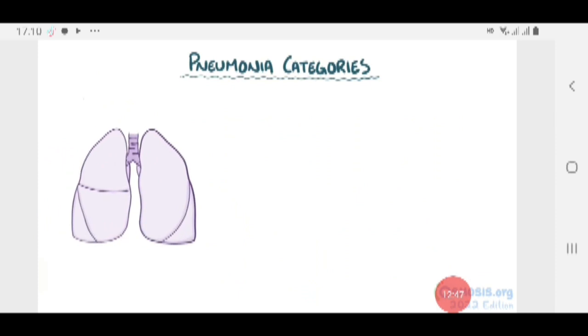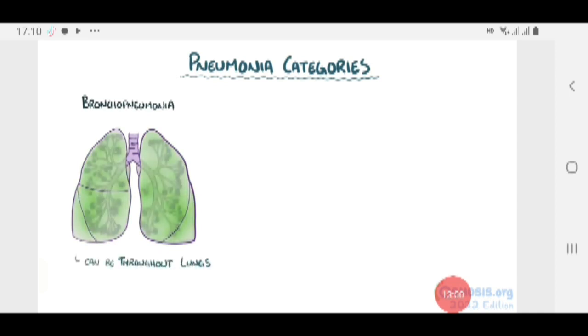Another way we can characterize pneumonia is by where the infection is. In bronchopneumonia, the infection can be throughout the lungs, involving the bronchioles as well as the alveoli.